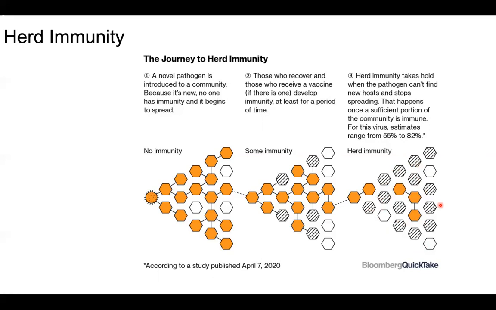And once a certain number of people get vaccinated, usually the diseases are no longer considered critical, like measles, for example. We have episodic outbreaks of measles all the time, or even Bordetella pertussis.